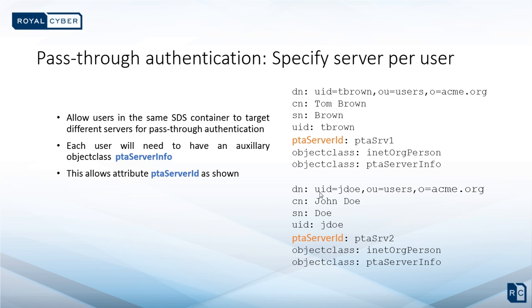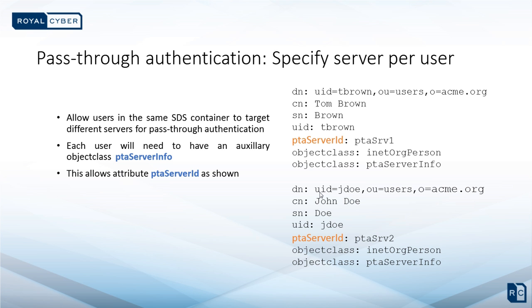This is an environment variable, and it must be set on the proxy backend servers with the pass-through authentication interface configured. The administrator must restart the proxy backend servers after setting the variable. Or you can also specify the server per user for pass-through authentication, as shown in the example here.